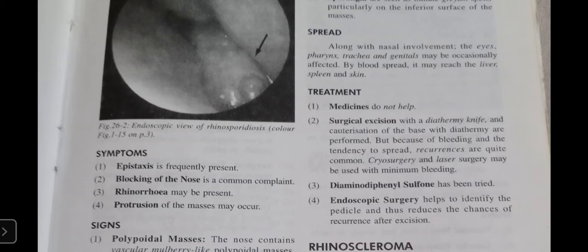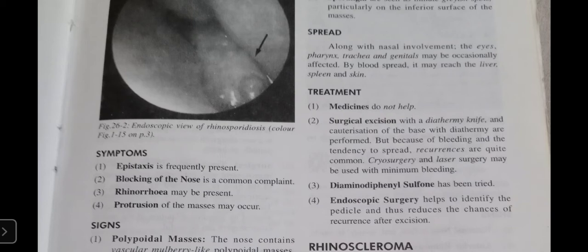These are the etiological factors. In etiological factors, you must know the causative fungus, Rhinosporidium seeberi, and that mostly farmers and males are affected, and trauma is the predisposing cause.